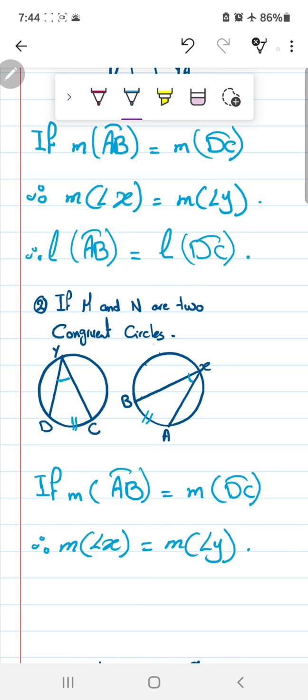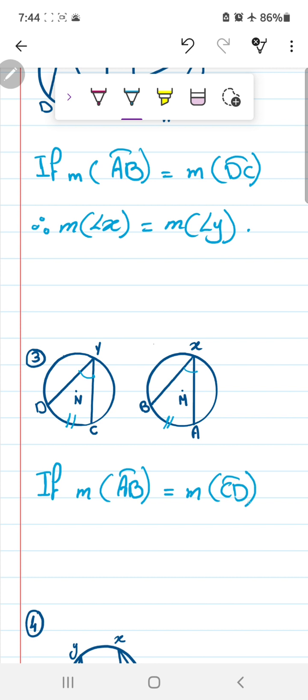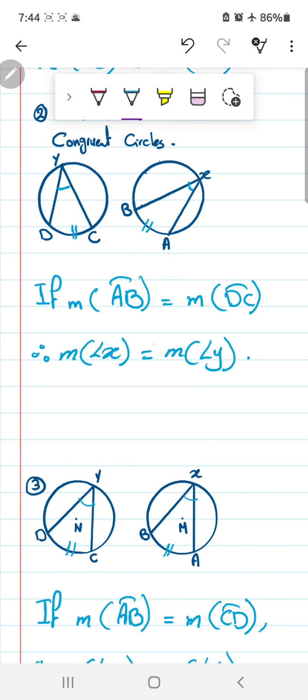Okay, the third one: here are two circles, and these two circles are not congruent, but we have the measure of arc AB equals the measure of arc CD, so angle X equals angle Y. It's similar to the previous one, number 2, but in number 2 we talk about congruent circles, so the length of arc AB of course equals the length of arc DC.